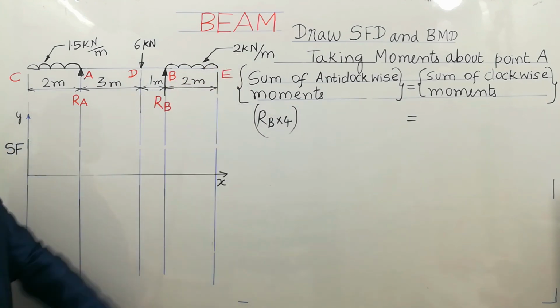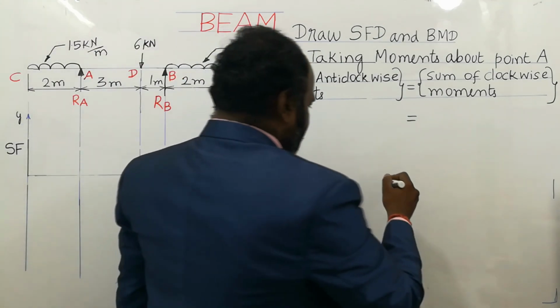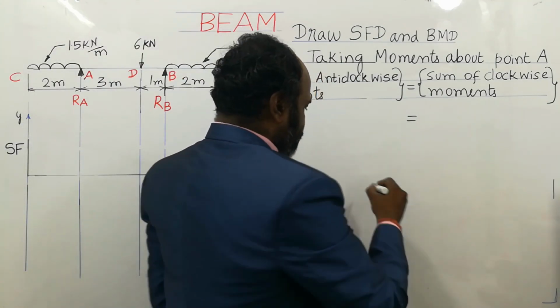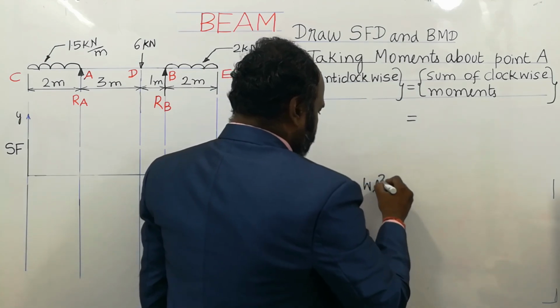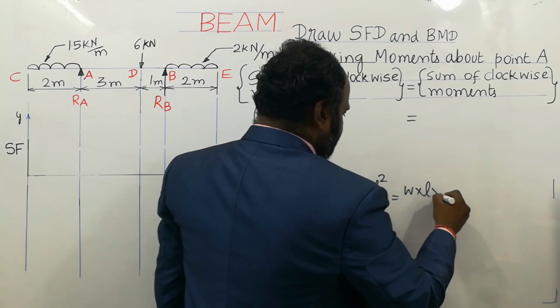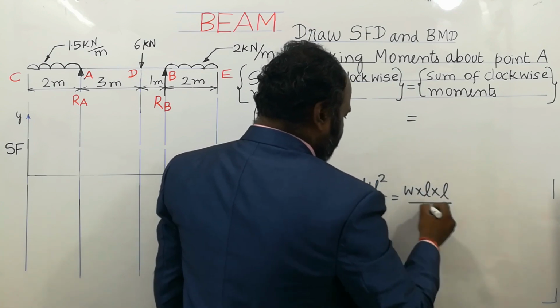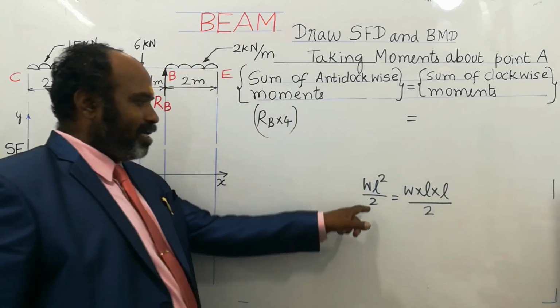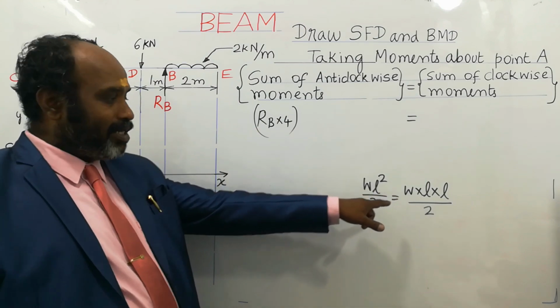The formula for the moment of a UDL is WL square by 2, or W into the UDL length multiplied by the UDL length by 2. The meaning of WL square by 2 is WL into L by 2.